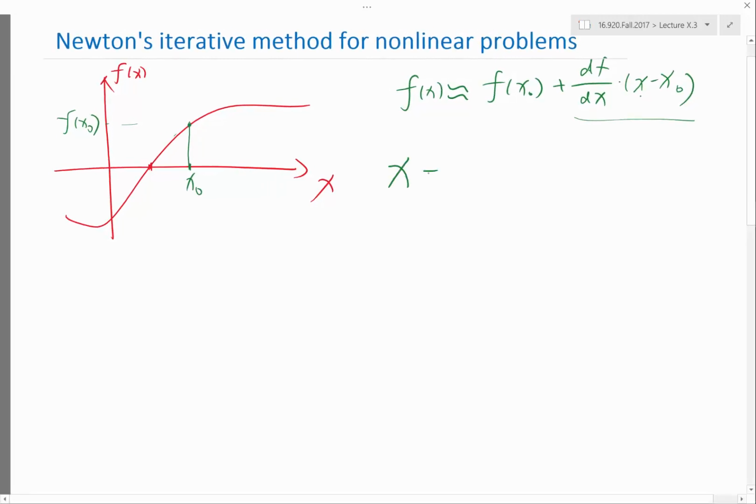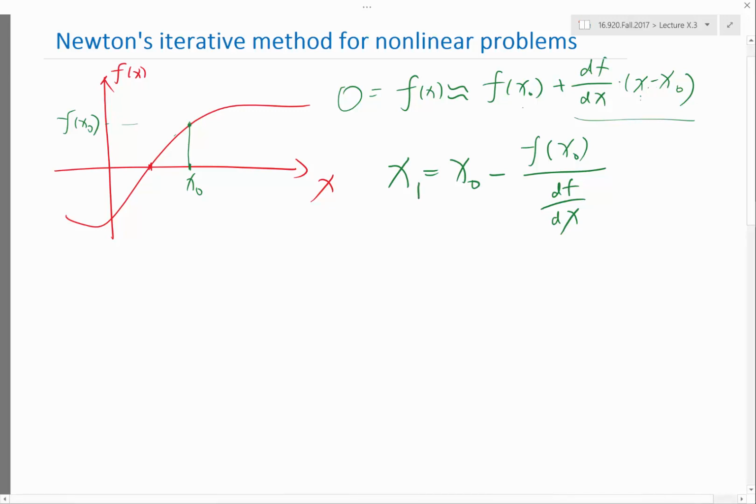That x is equal to x0 minus f(x0) divided by df/dx, if I set the linear approximation to 0 and move terms to the other side. Because this is not exact, I call this my x1.